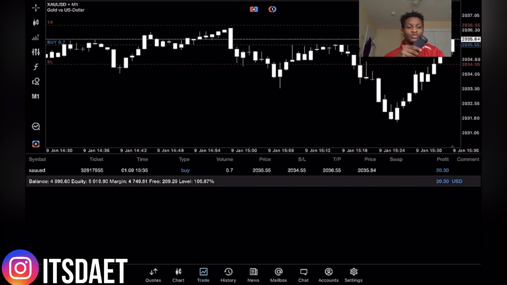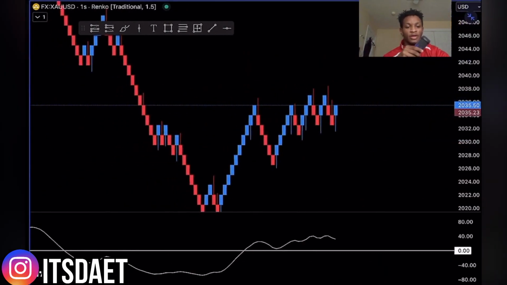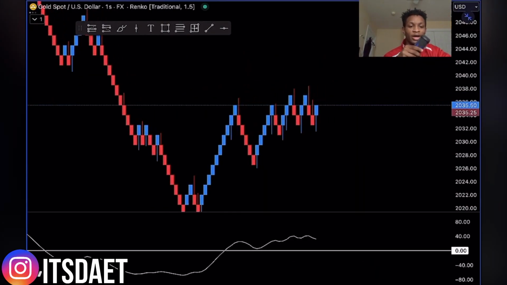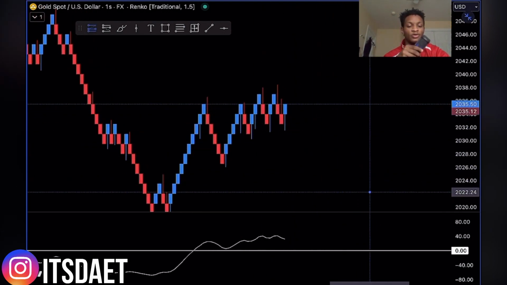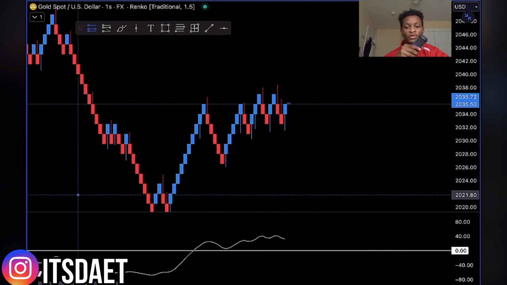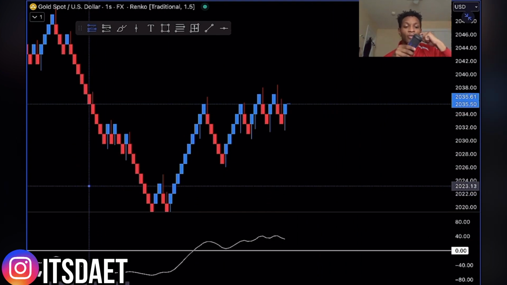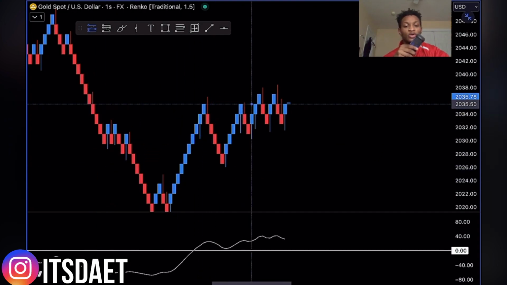I'm trying to figure out how I can show the Renko and the profits too, because normally I would have my trade running over here somewhere, that was my idea. But I may need another device to showcase that to y'all.